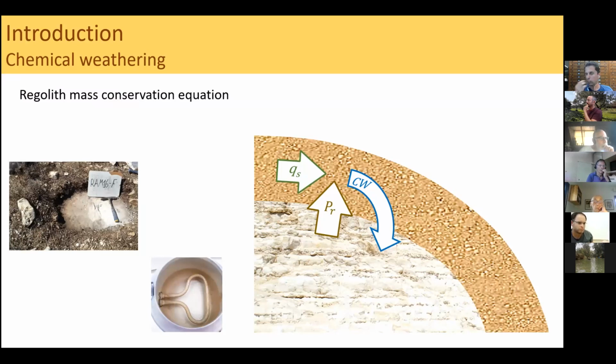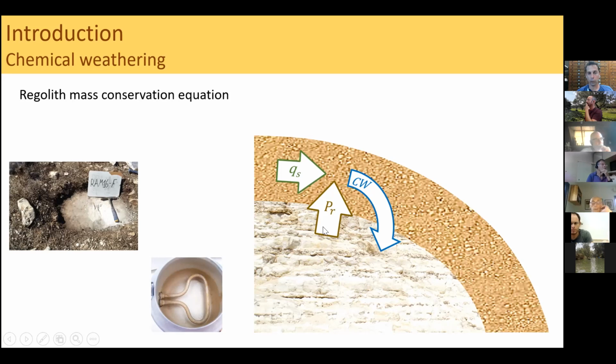We know that, for example, if we look at the soil and the rock underneath, in many hillslopes and places, the rock can be limestone or something that is almost pure calcite, and the soil covering it can be very depleted of calcite. So there's obviously a difference between the rock and the soil.